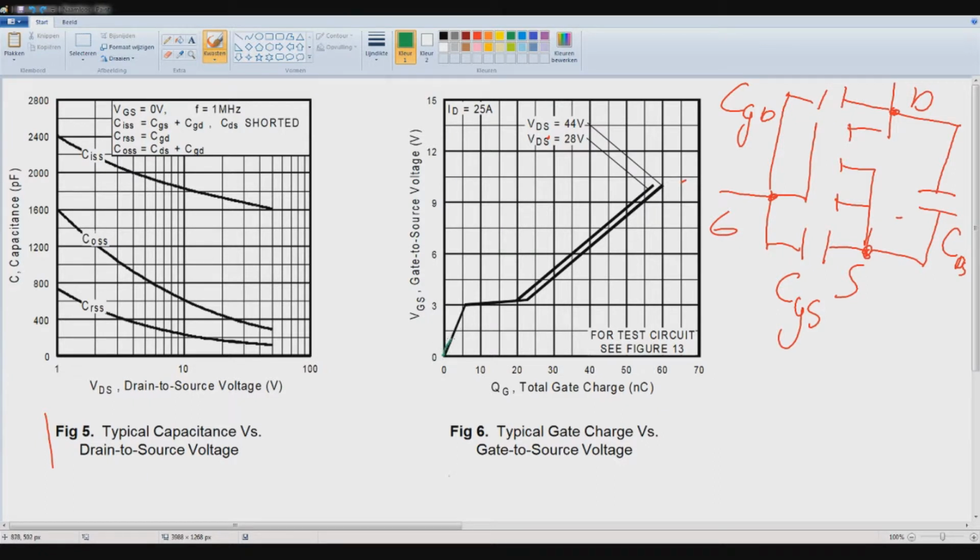If we increase the gate to source voltage, here we can see the kind of 3.3 volt gap, which is kind of logical.